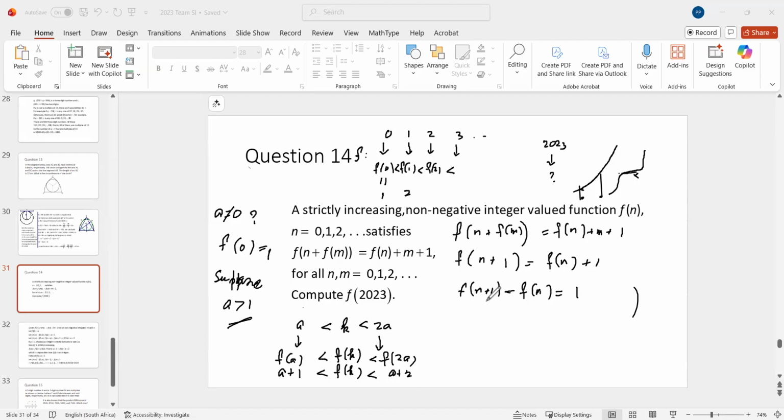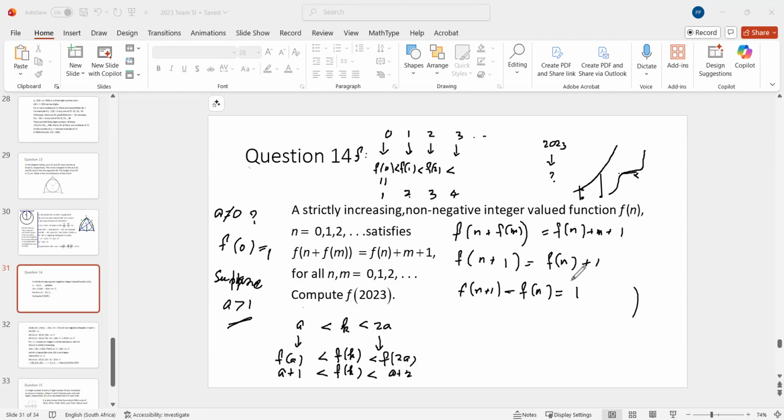In other words, the difference between two consecutive images is 1. So this is 1, this is consecutive, so this has to be 2. And the next one will be 3, because the difference between f of 1 and f of 2 is 1. So this is really an arithmetic sequence. You keep adding 1. So f of 2 is 3, and so on.